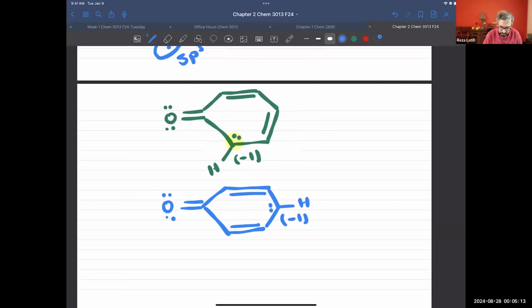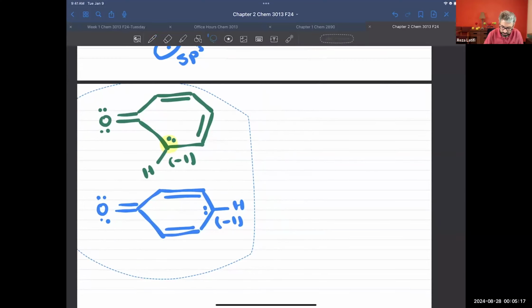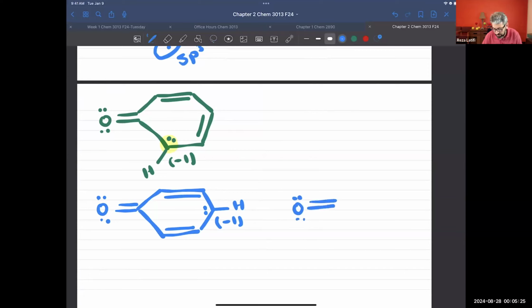And the last one: I can have oxygen with 2 lone pairs attached to carbon, double bond here, double bond there, and lone pair here. Remember, that carbon has 1 hydrogen there. So now this one is -1.